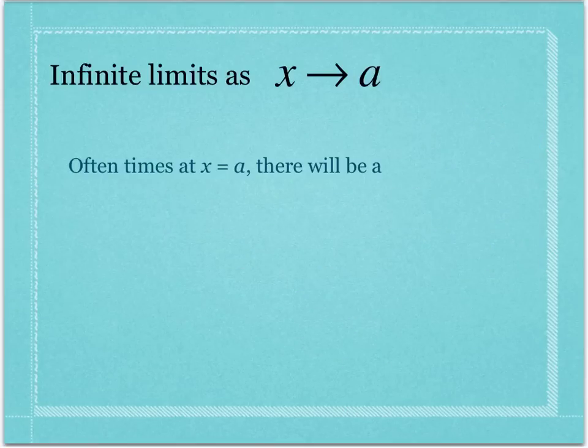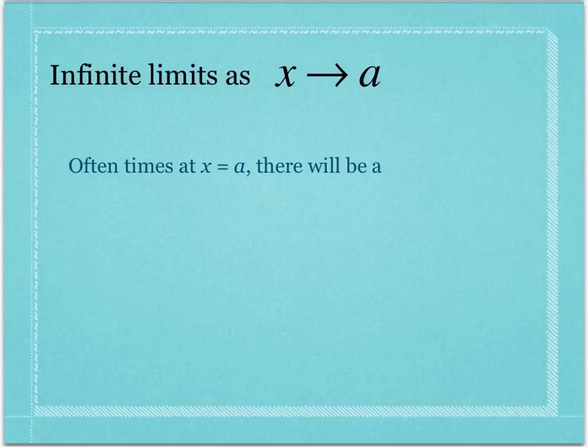Now let's talk about infinite limits as x approaches some value. Again, we looked before at x approaching infinity or negative infinity. Now let's actually look at x approaching a value. We did this in the first lesson, but now there might be some infinity involved.